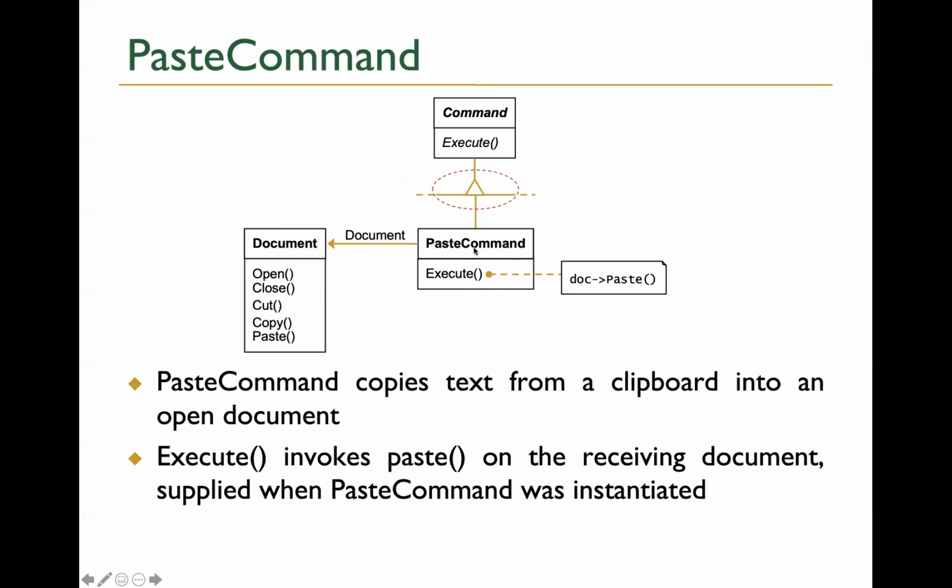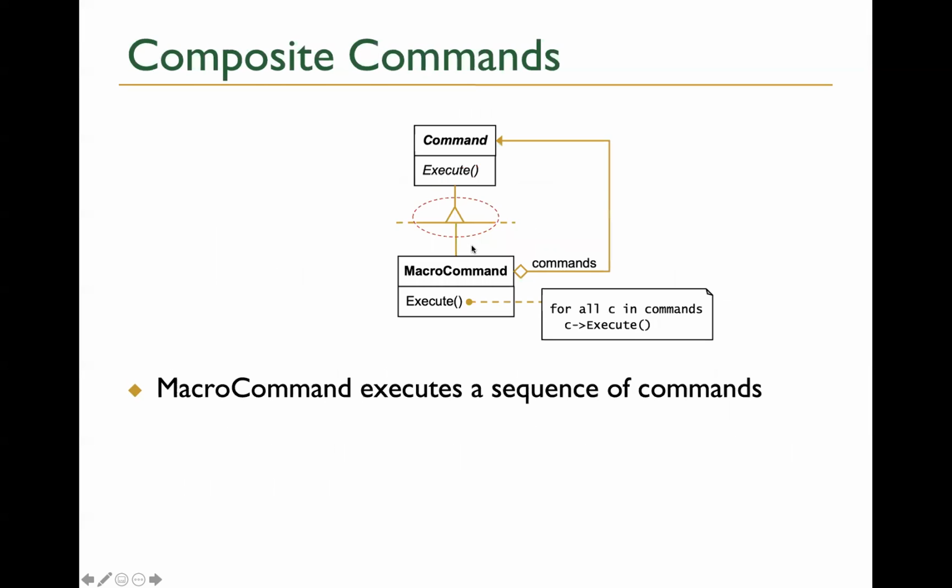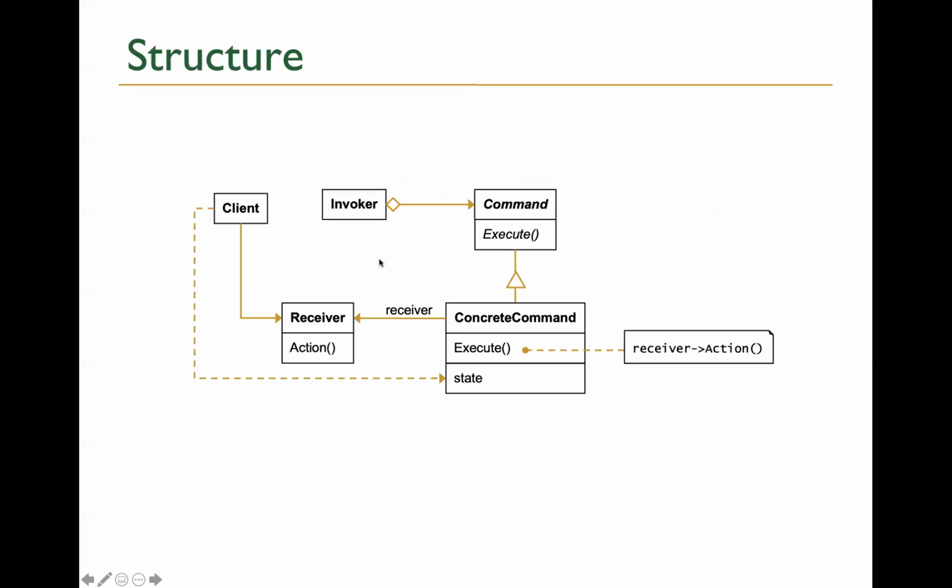This is another example, how to paste a document, in the same hierarchy. You can also have some kind of composite command, like this macro command. This command can contain a sequence of commands, and you can also have a reference to itself. That's how the command pattern works.